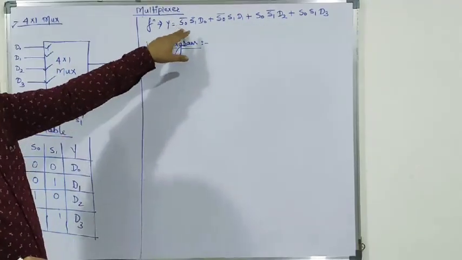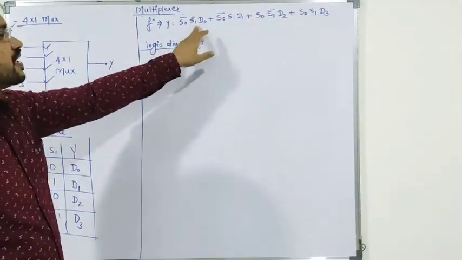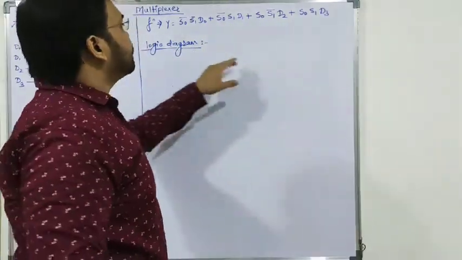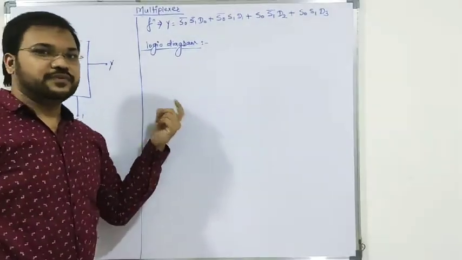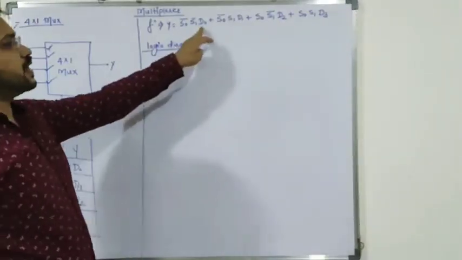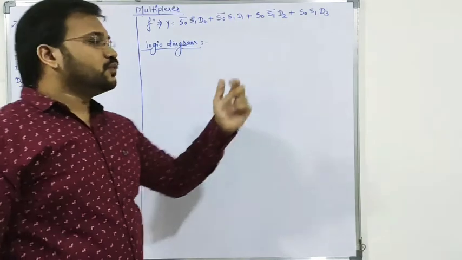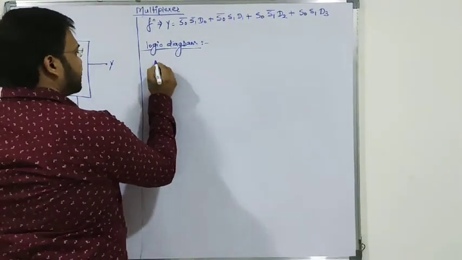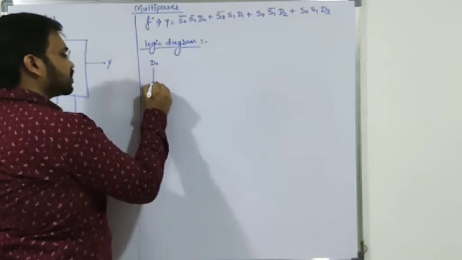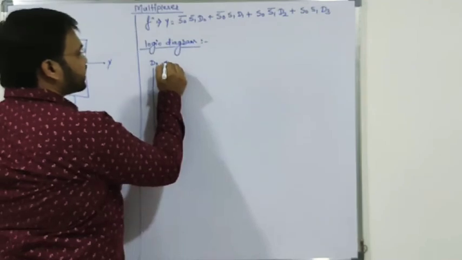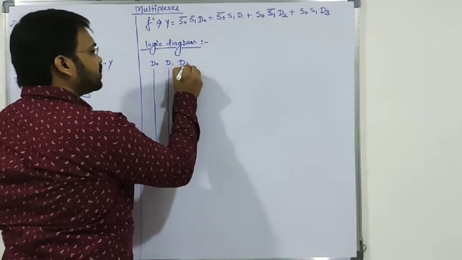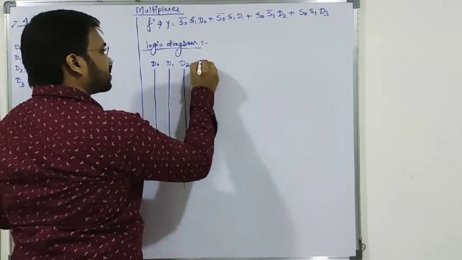So if you observe S0 bar, S1 bar, S0 bar, S1, S0, S1 bar, S0, S1, here S0 and S1 are inverted, that is complemented terms, and the data lines are D0, D1, D2 and D3. So the input lines must be D0, next D1, next D2, D3.